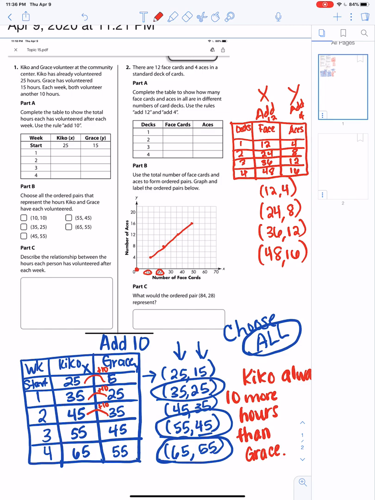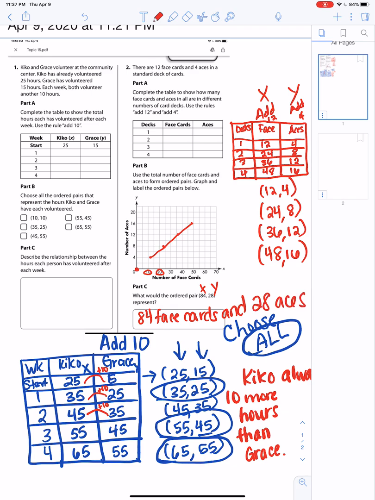What would the ordered pair 84, 28 represent? Well, 84 is the X value, and I know that the X's are the face cards, and the Y's are the aces. So it would represent 84 face cards and 28 aces.